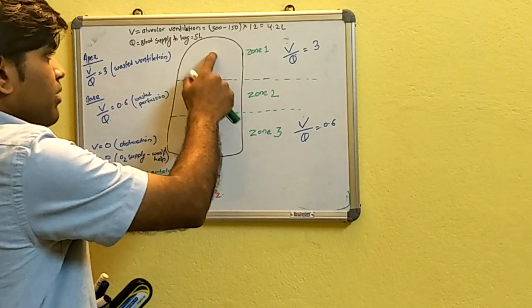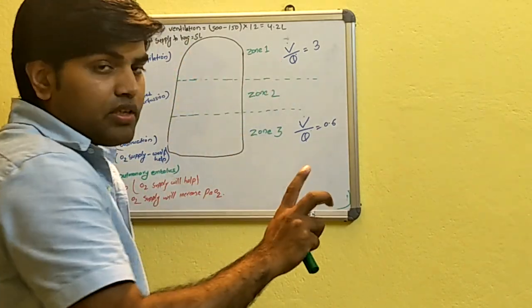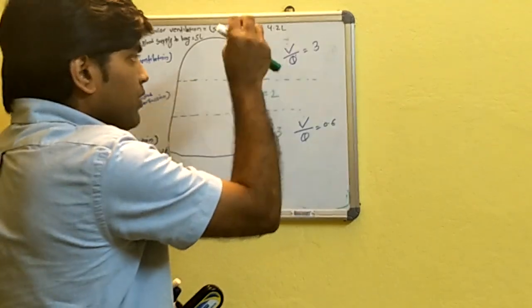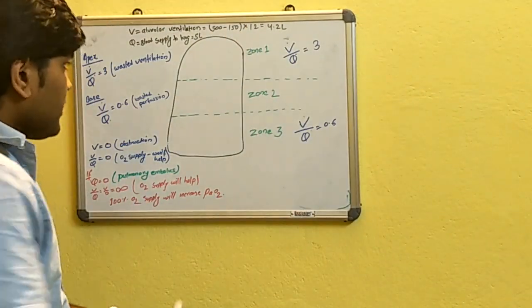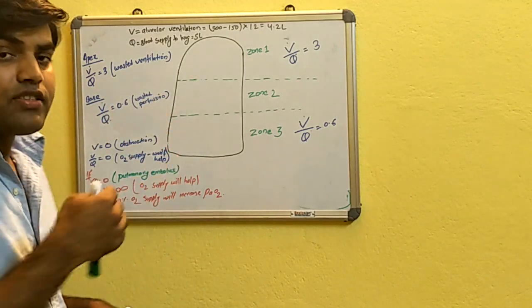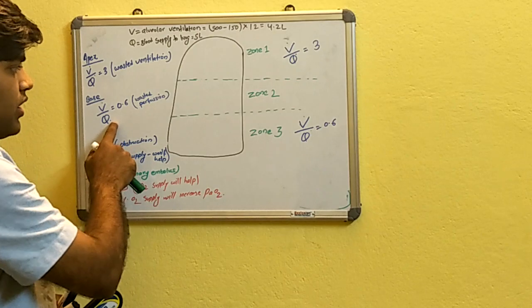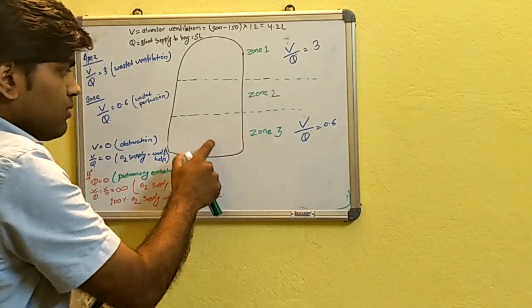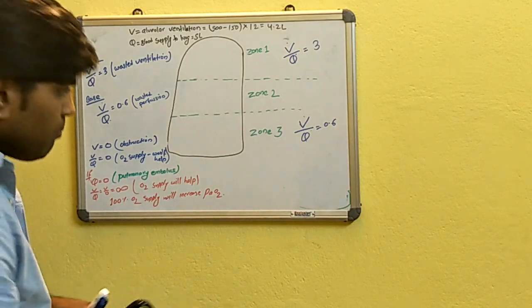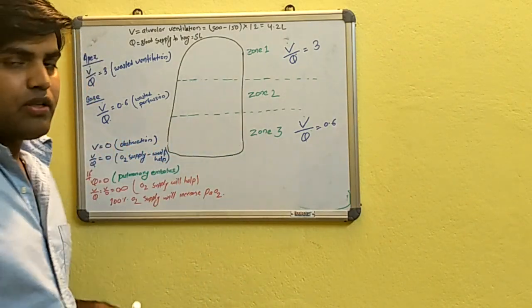So what do you understand? At the apex, zone 1, there is the ventilation perfusion mismatch: normally ventilation is more, perfusion, the blood supply, is less, and it is normally 3. So there is a wastage of ventilation as a normal phenomenon. At the base, ventilation is actually more than this, but the blood supply is even more, meaning we have a very high blood supply at the base.